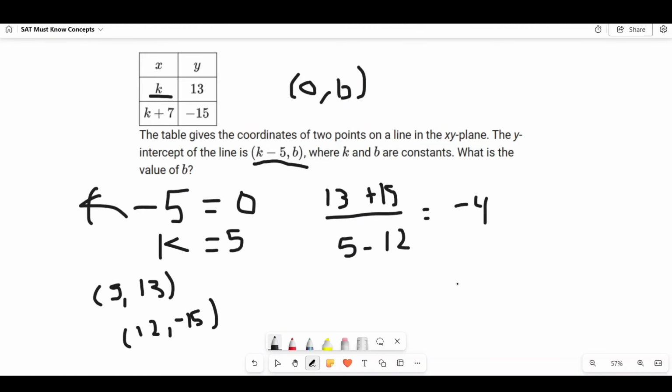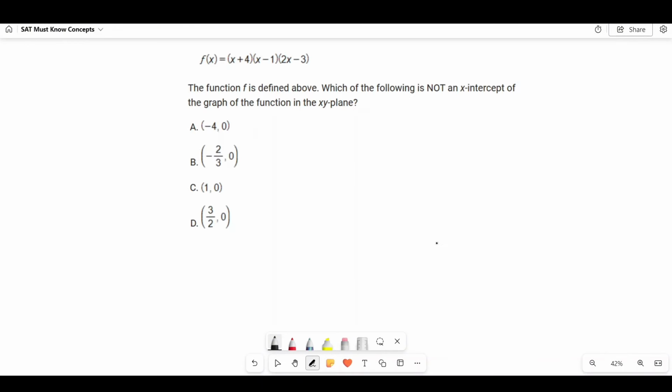Now that we have our slope, all we have to do is plug in the slope and a point to solve for the b value. So I'm going to use 13 equals negative 4 times our x value 5 plus b. And we get b equals 33. And that's our answer.